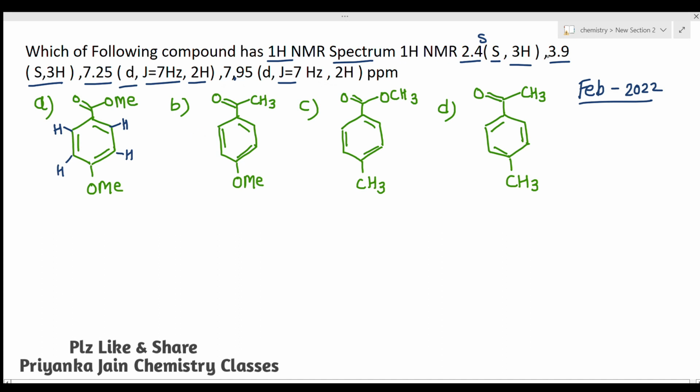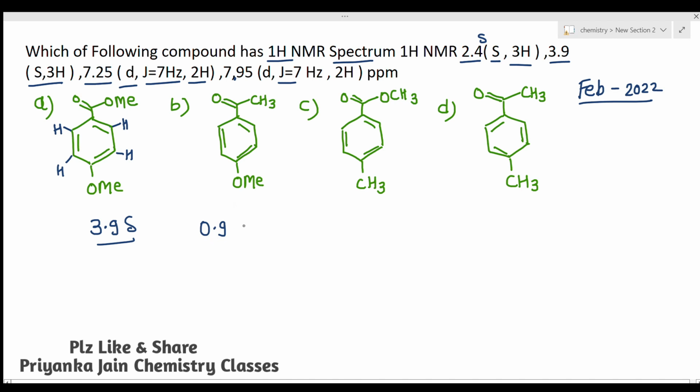We have been given two values, a singlet at 2.4 and a singlet at 3.9. See here, at 3.9 delta value we have a singlet for 3 hydrogens. It means a CH3 group is present. For the methyl group, the basic value comes at 0.9. If you have seen the Pavia or Clayden book, you will get general information about this.